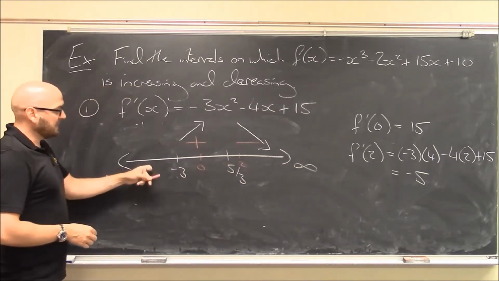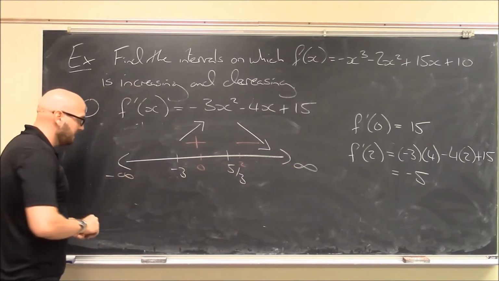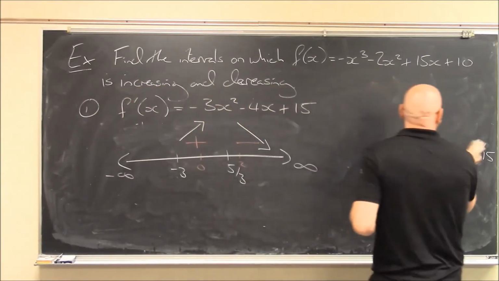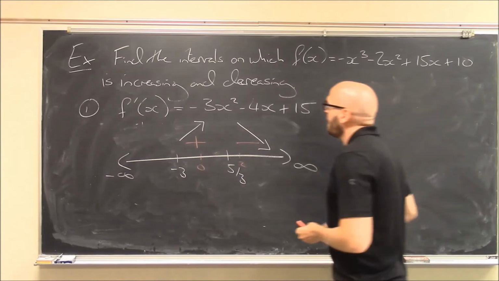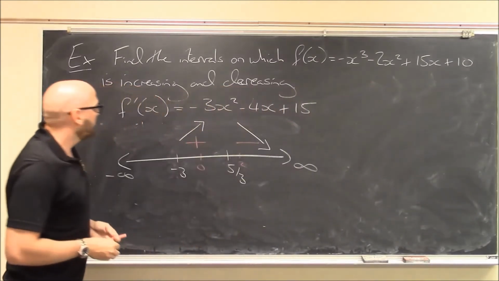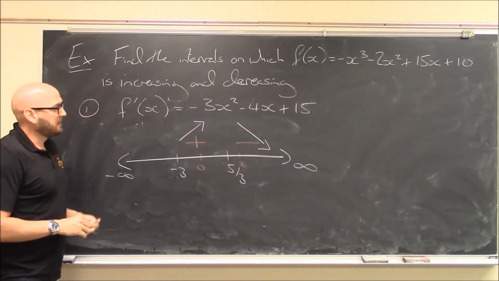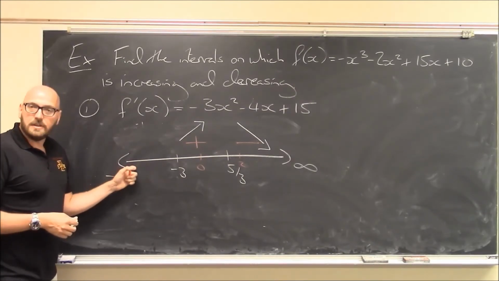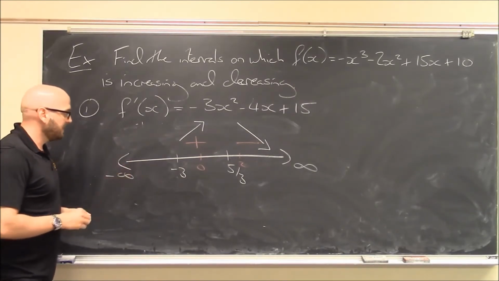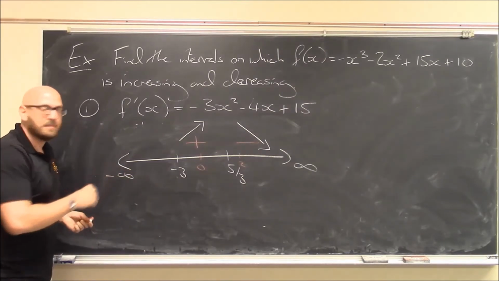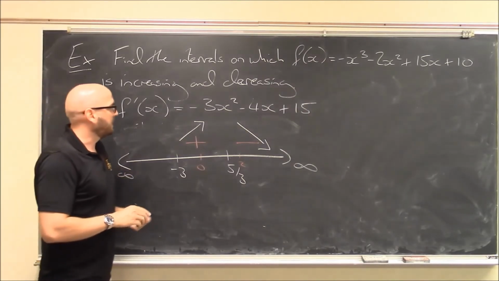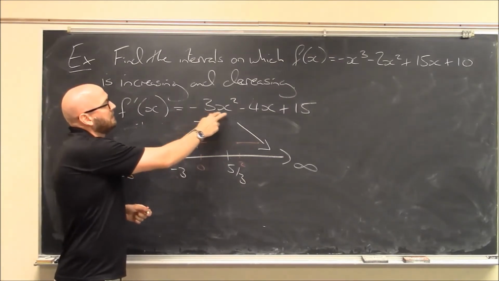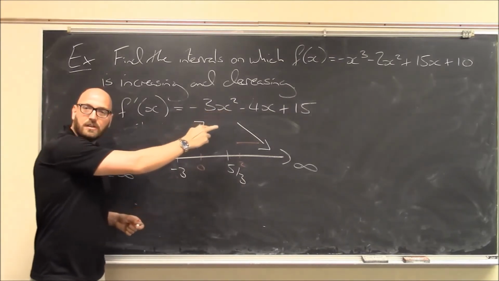And we just have to check the interval from minus infinity to minus 3. Choose any value that you want. Here's a little trick. Let me just think about this intuitively. Let's choose a very, very large negative value. Something like minus 1,000,000. What do I get if I plug in minus 1,000,000? Well, I'd have minus 3 times minus 1,000,000 squared.